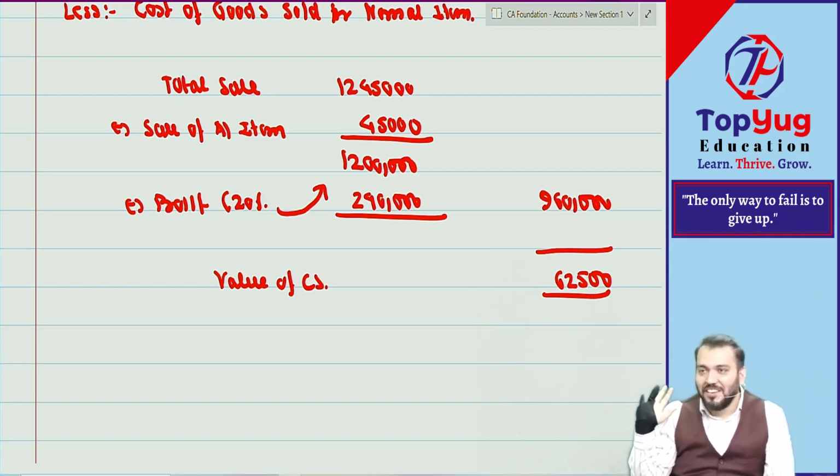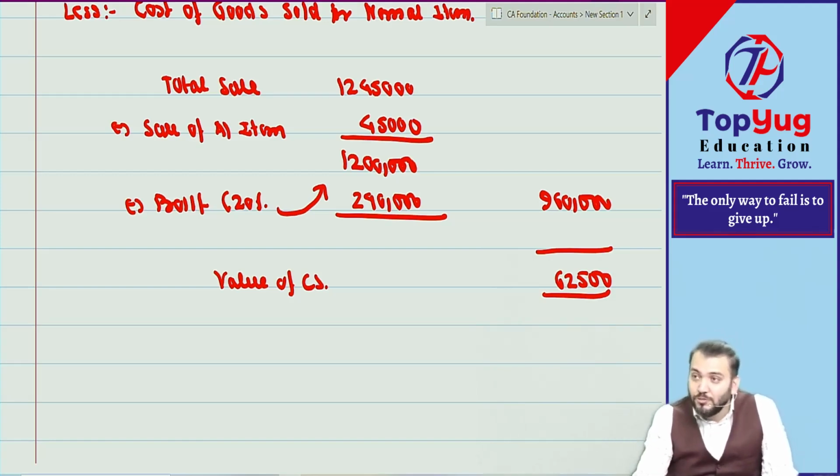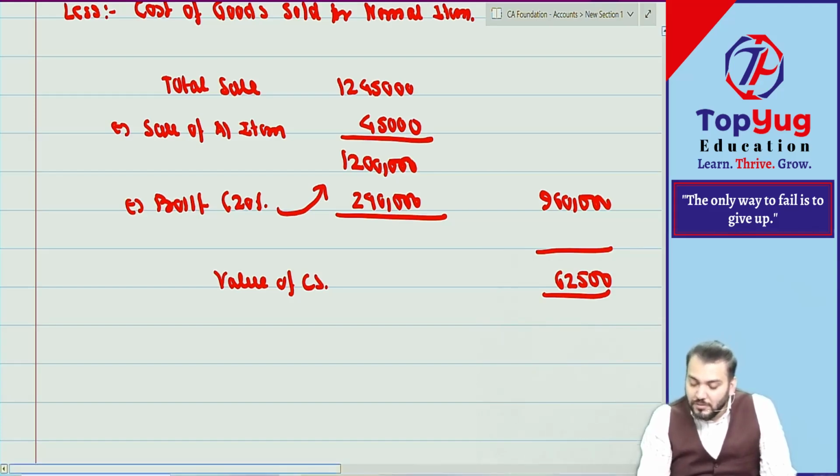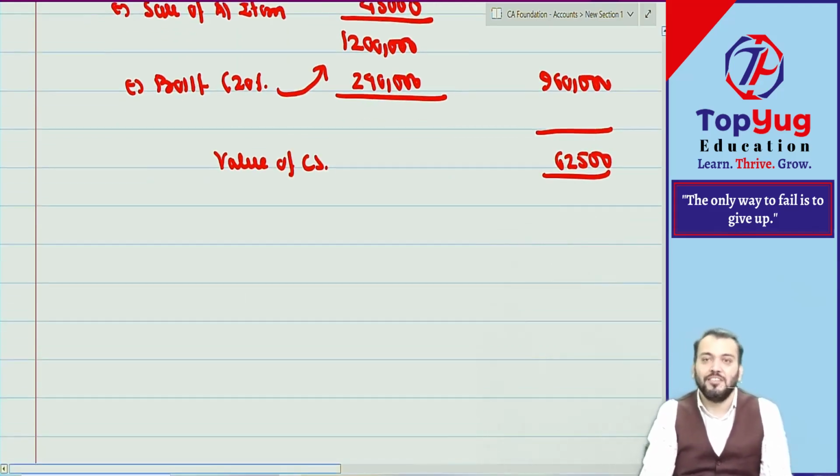Understood? You will be getting pain in foundation, inter, final. And after becoming CA also, for 3 years I struggled. If you start your own practice, correct? And those who are successful, they are successful because of pain only.